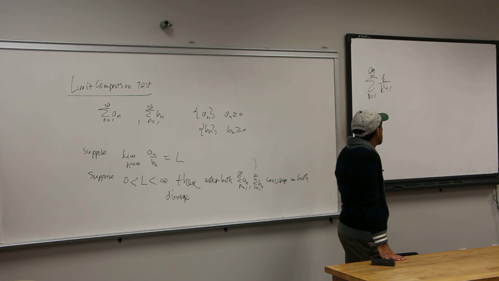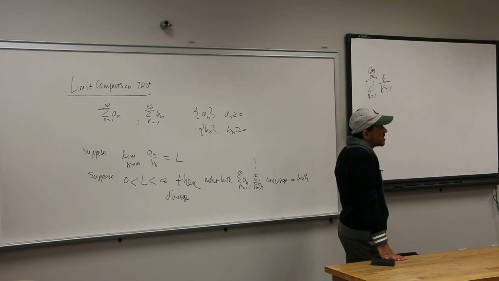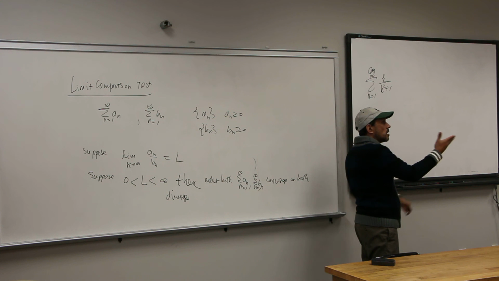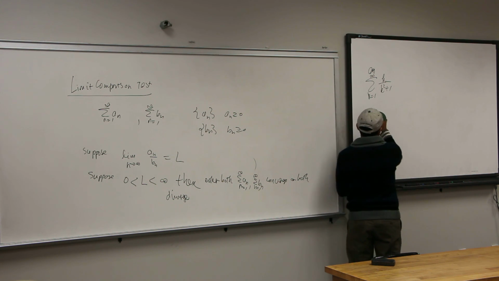You integrate x over x squared plus 1, with a natural logarithm, and you have infinity from 1 to infinity. However, since you have an intuition there, it starts to behave like what's equal. So we're going to do a little from that.